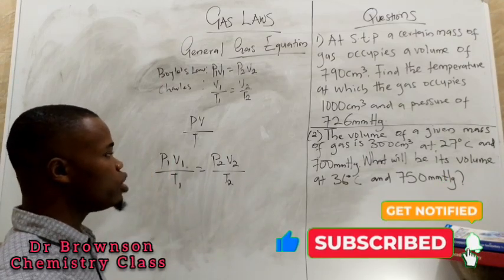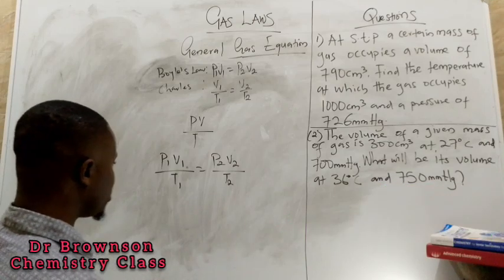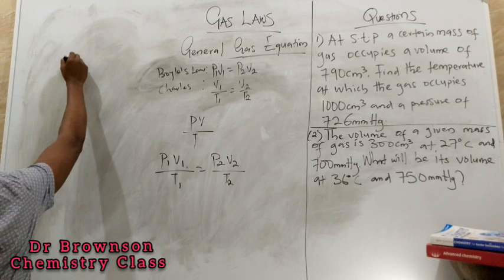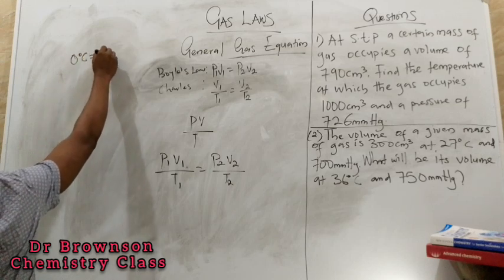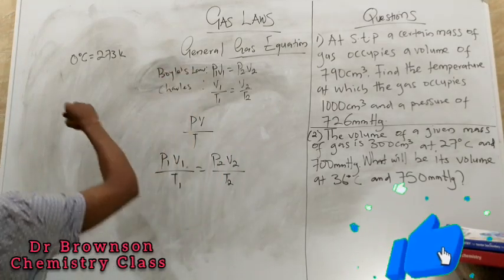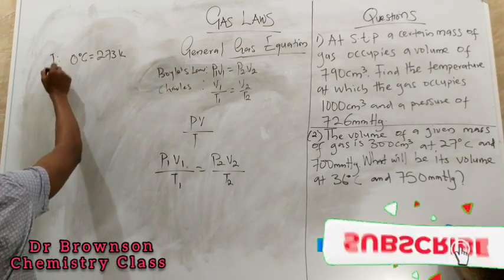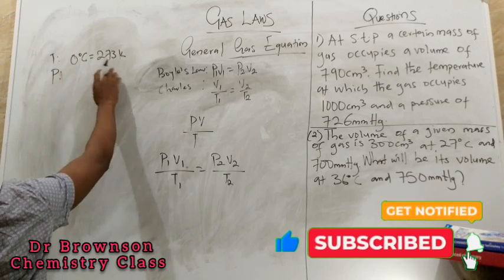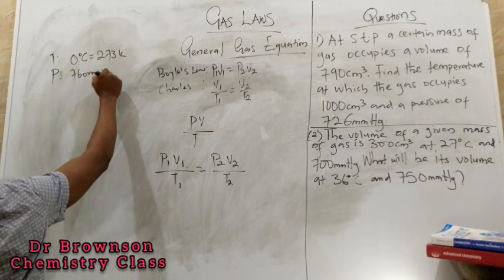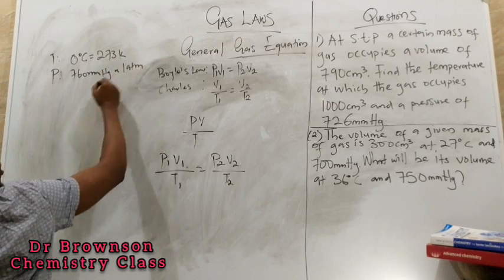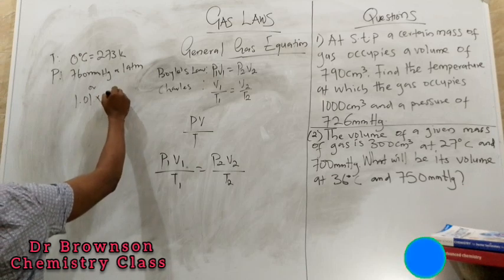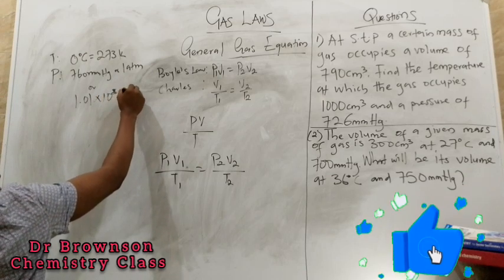Standard temperature is 0 degrees Celsius, which is the same as 273 Kelvin. Then standard pressure is 760 millimeter mercury, or 1 atmosphere, or 1.01 times 10 raised to the power of 5 Newton per meter square.